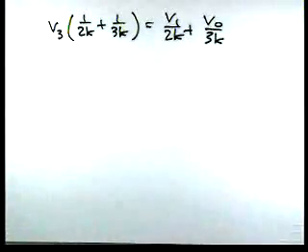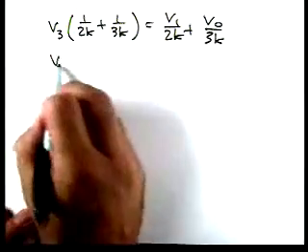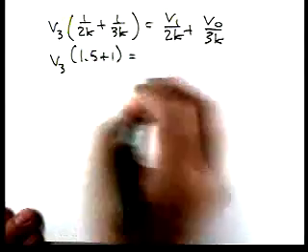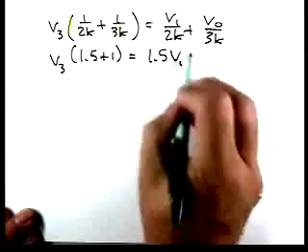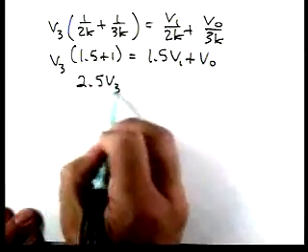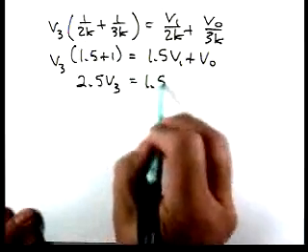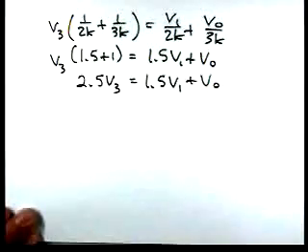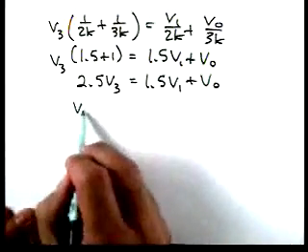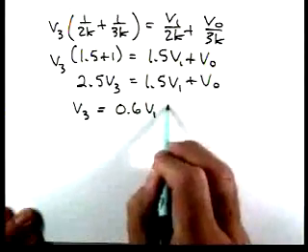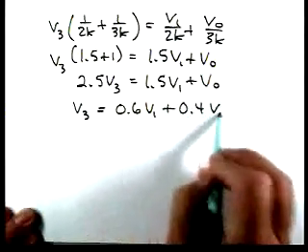And if we multiply through by 3K, we'll have V3 times 1.5 plus 1, which is 1.5 V1 plus V0. So we have 2.5 V3 equals 1.5 V1 plus V0. Now if we divide through by 2.5, we get V3 is 0.6 V1 plus 0.4 times V0.